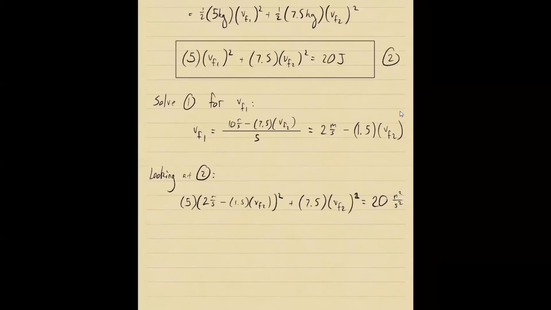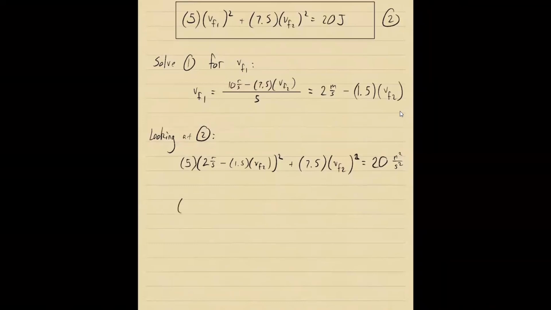And we're going to multiply all this stuff out, and then I'm going to move this over to the left-hand side, so we get this into a quadratic equation sort of form. So this is going to give us 18.75 times the final velocity for our second ball squared minus 30 times the final velocity for our second ball.